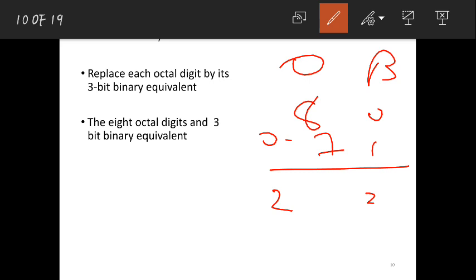I can write 4 combinations in 2-bit format. Next, if I write 2 to the power of 3, I'll get 8. So I can write 8 numbers. For that I need 3 bits.